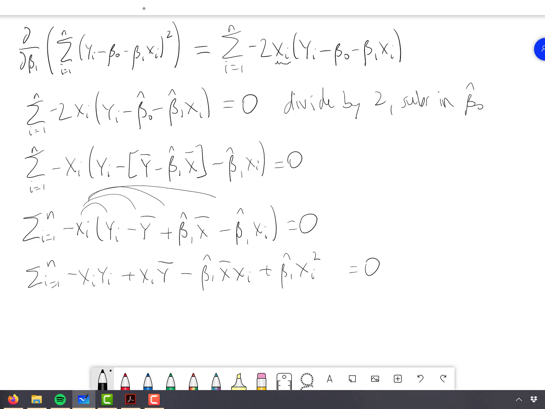With this, our next step could be to distribute through that summation so that we have it going to each one of our terms separately that we can work with.